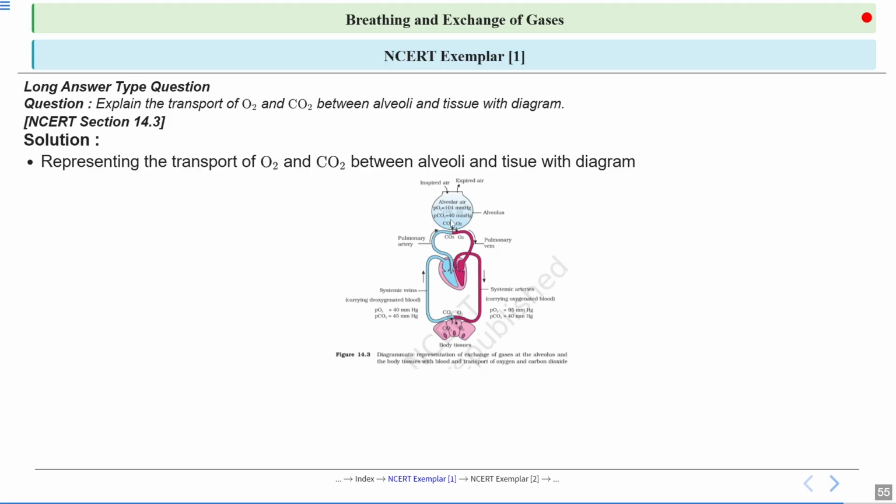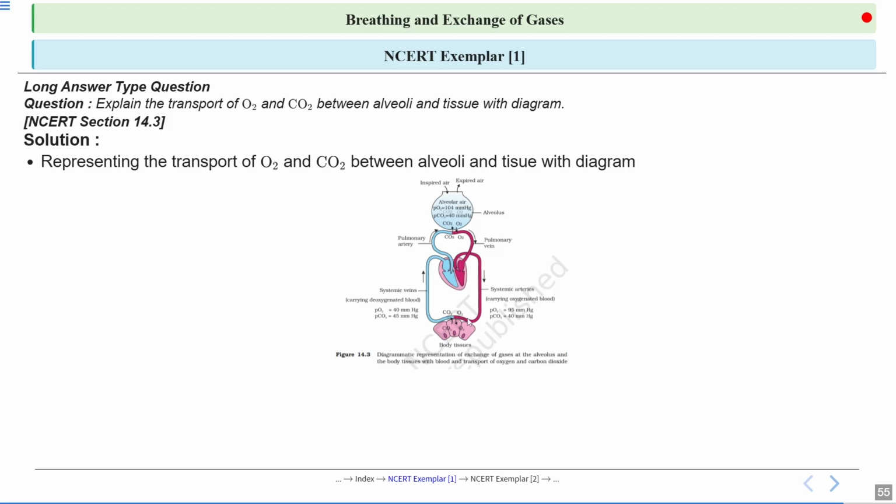out of the pulmonary artery, because it is having 45, so it will move out and reach the lung, and oxygen comes into the pulmonary artery. So here you can see it got red, oxygenated, and when it moved to the systemic circulation, the systemic arteries, you can see it is having 95 mmHg of oxygen partial pressure, and partial pressure of carbon dioxide is 40 mmHg.